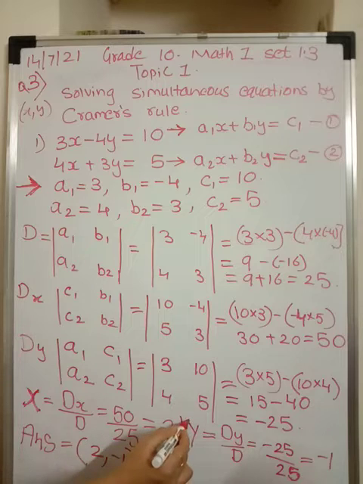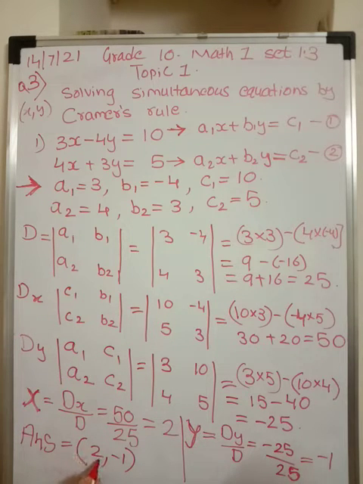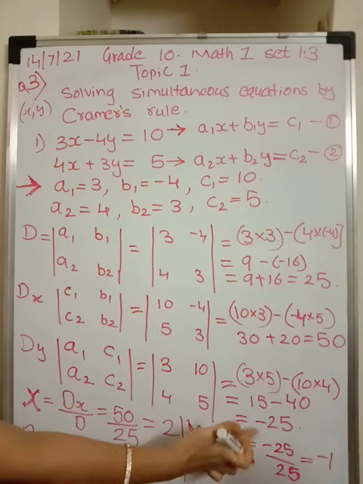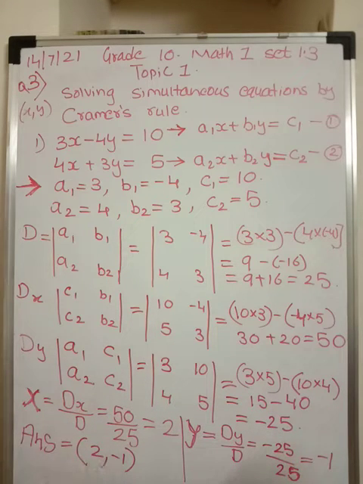Are you getting it? And this is y. How to find y? y is dy upon D. dy is minus 25 upon 25, it is minus 1. So you get the answer minus 1. Have you understood how to solve equations by the determinant method?